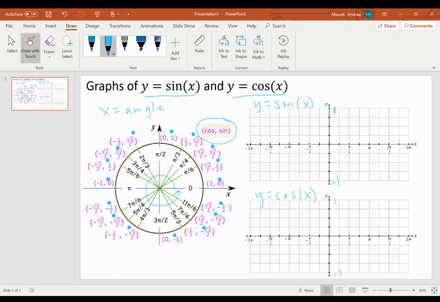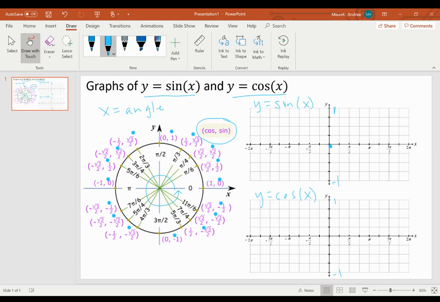So I'm not going to put every single point onto the graph, though. I'm going to put the ones that I really know how to find. So at a measurement of 0 degrees or 0 radians, the sine is 0. So that means there's going to be a point right there at 0, 0.